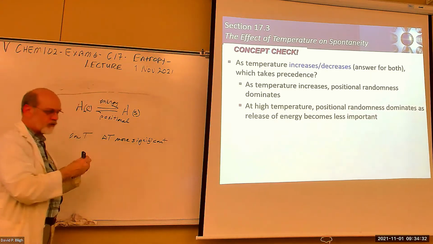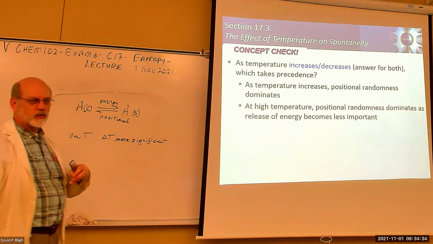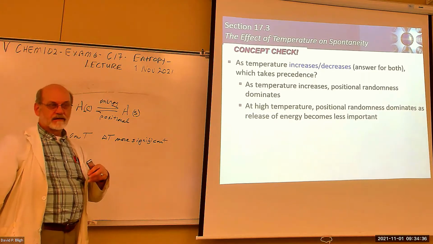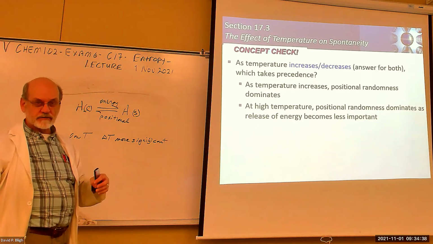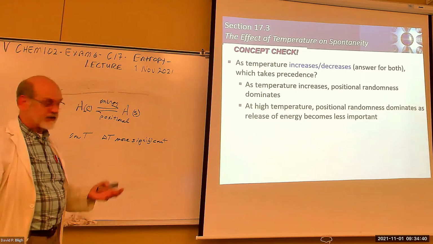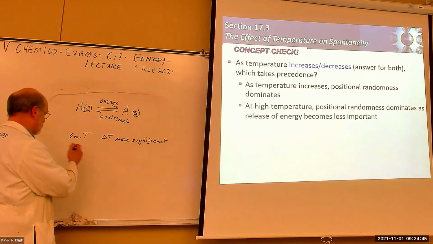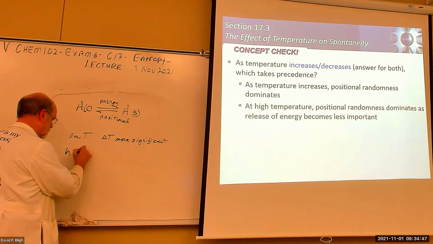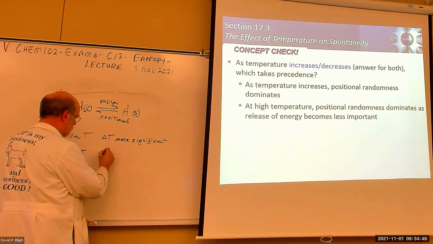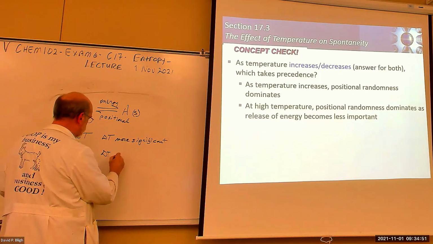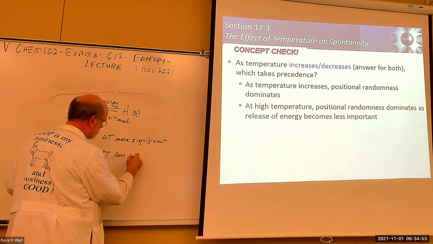Right? If you go from 10K to 20K, that's a huge difference. I mean, it's a doubling of temperature. But if you're at high temperature, a change of temperature is less significant.